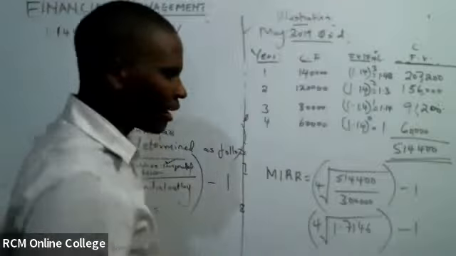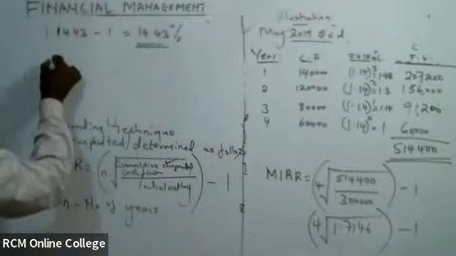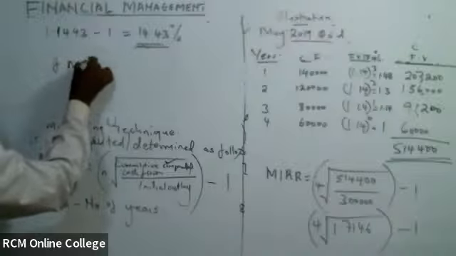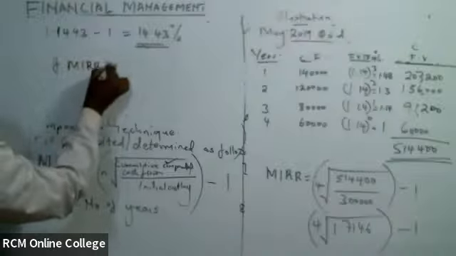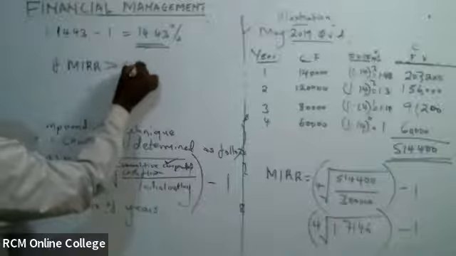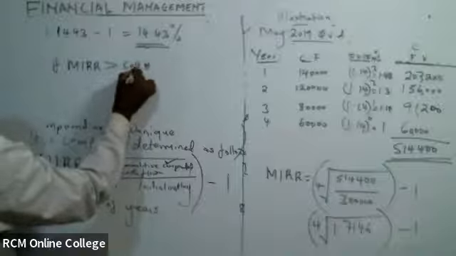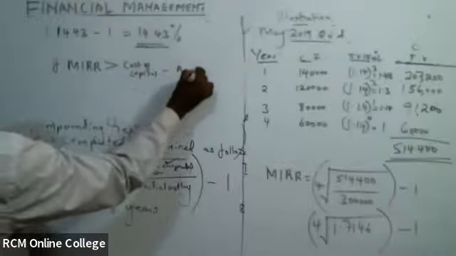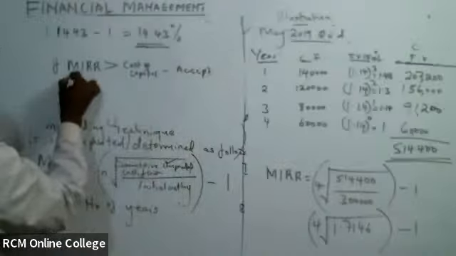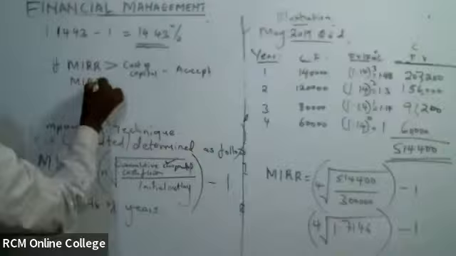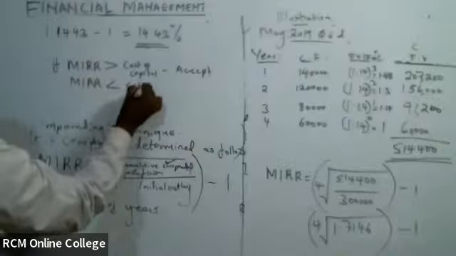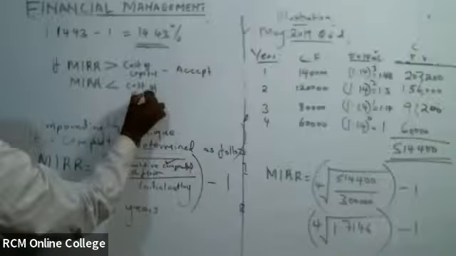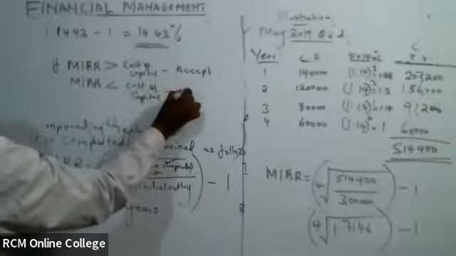Decision rule: if MIRR is greater than the cost of capital, accept. If MIRR is less than the cost of capital, reject.